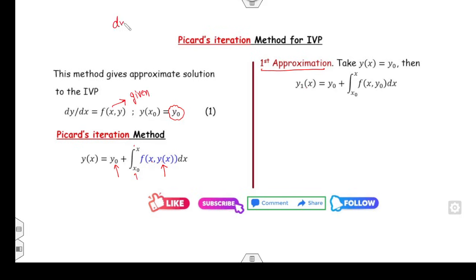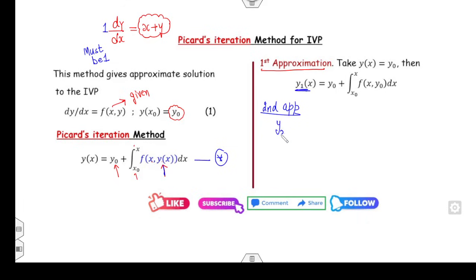For example, if I say dy over dx is x plus y, then x plus y is my f of x comma y. Make sure, students, the coefficient of dy over dx must be 1. Now once you know the first approximation y1, you can substitute y equal to y1 in the equation number star.